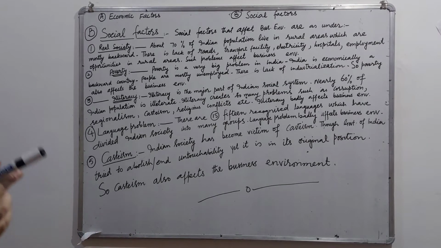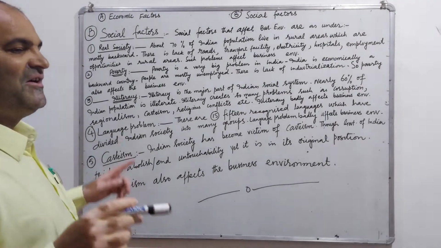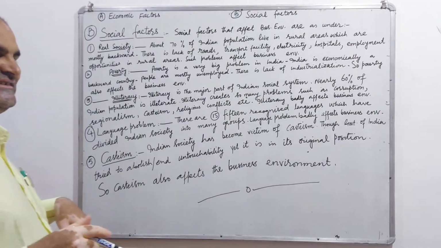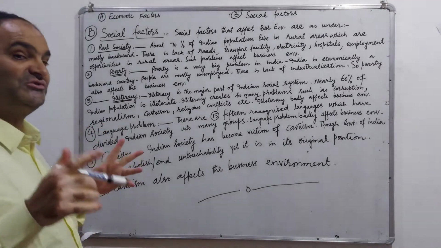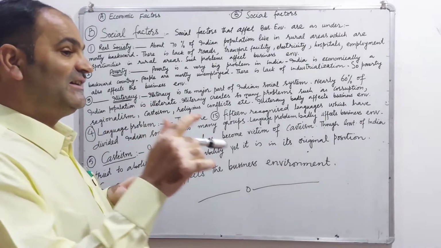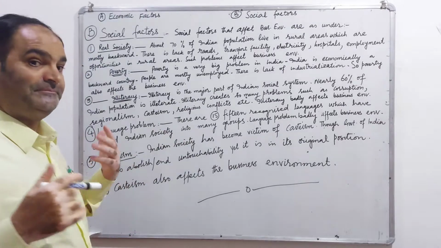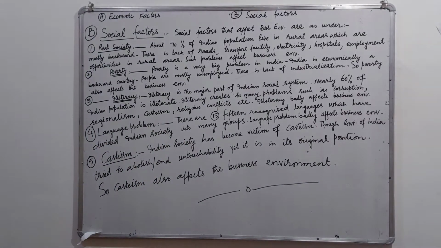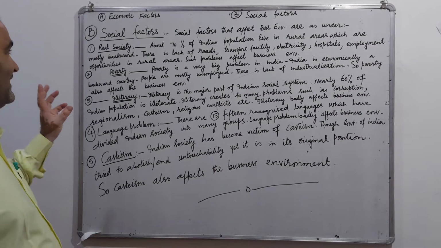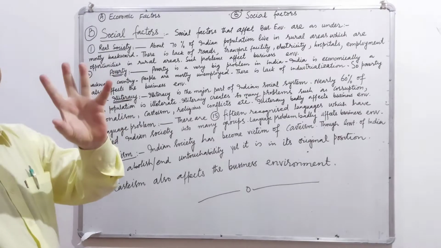There is lack of industrialization, lack of factories, lack of financial institutions, lack of those institutions where people can get employed or recruited. So poverty is also a factor which affects the business environment.